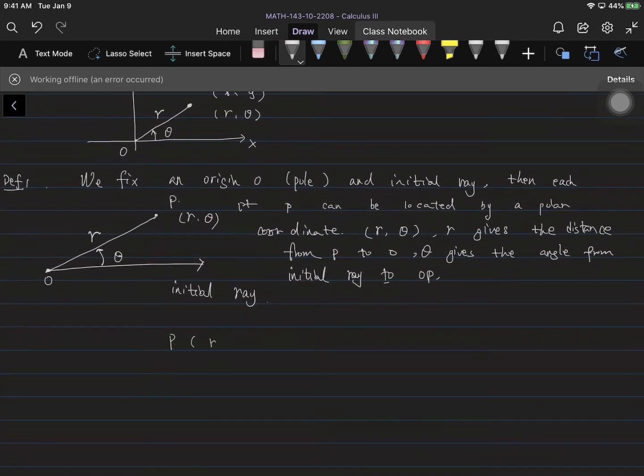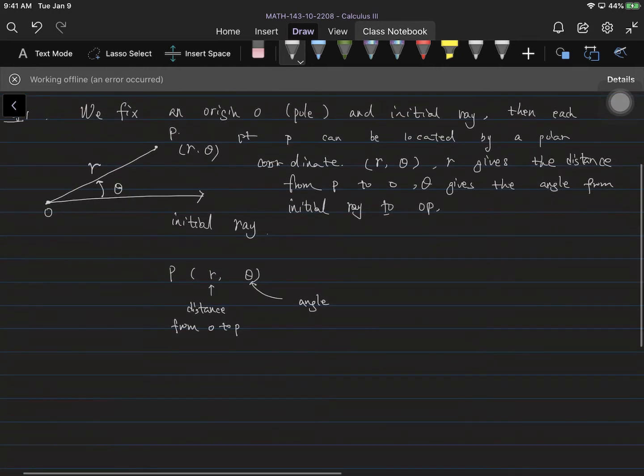So right now I'm going to just write down a point. Before, we wrote point P as x, y, but here we write r theta. R is the distance from O to P, and theta is the angle from the initial ray to OP.